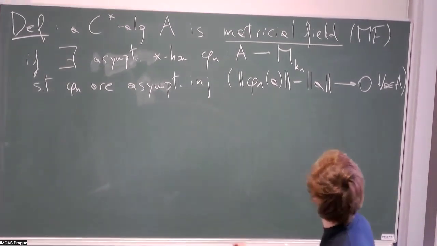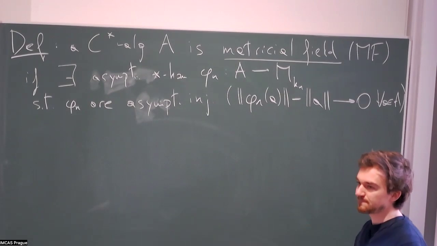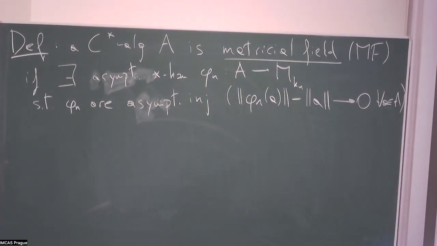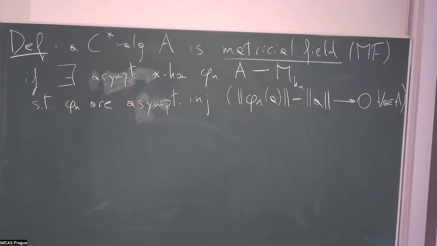Okay, so yeah. The multiplicative here is not multiplicative on the nose. No, all of these are asymptotically linear, multiplicative, and star preserving. Yes, exactly.